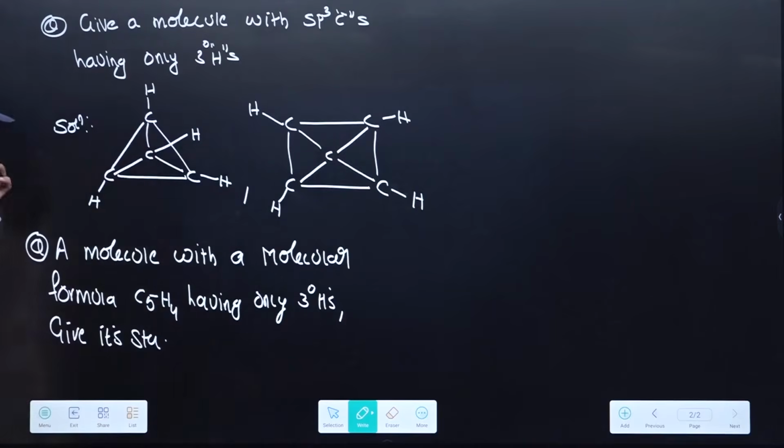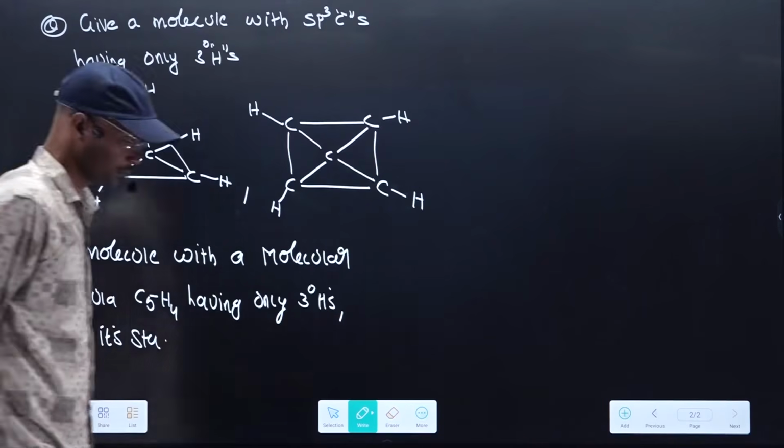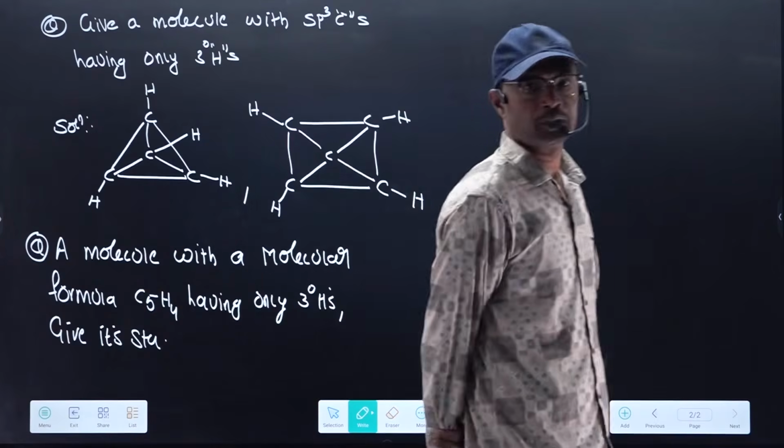A molecule with a molecular formula C5H4, having only tertiary hydrogens. Give its structure.